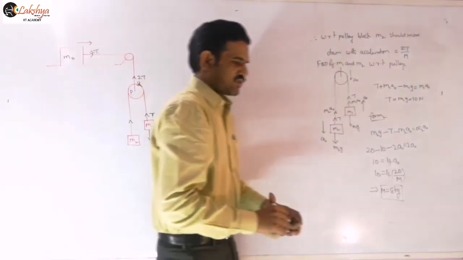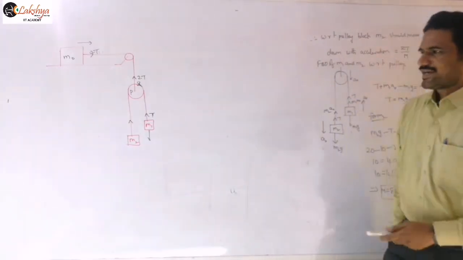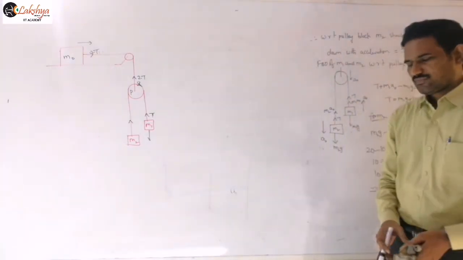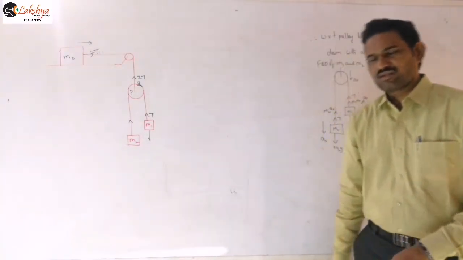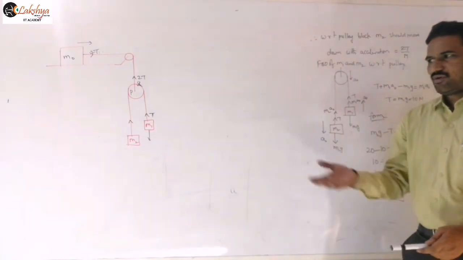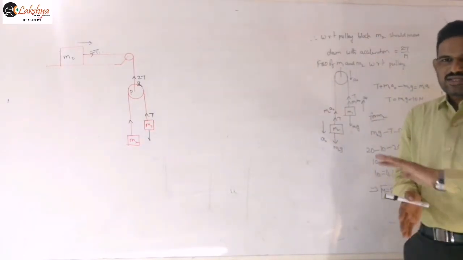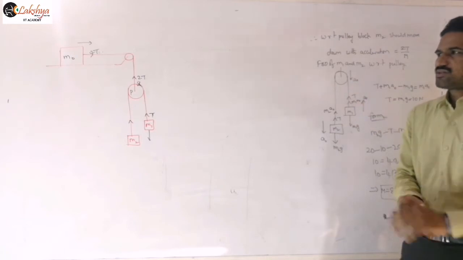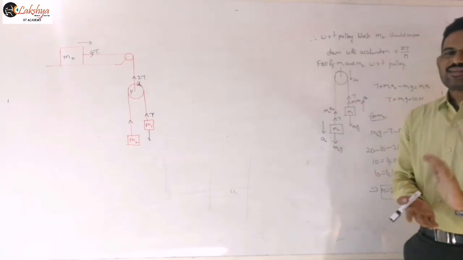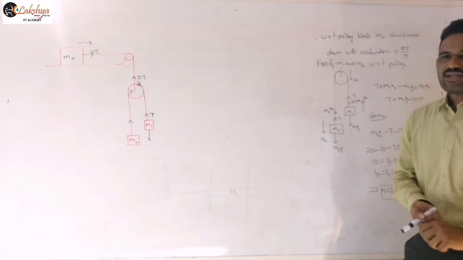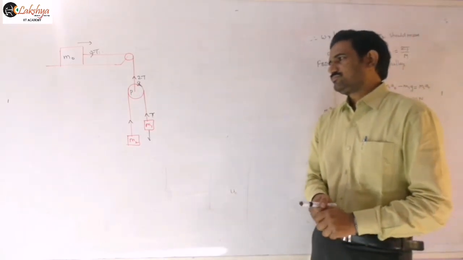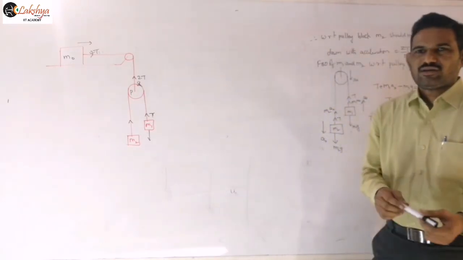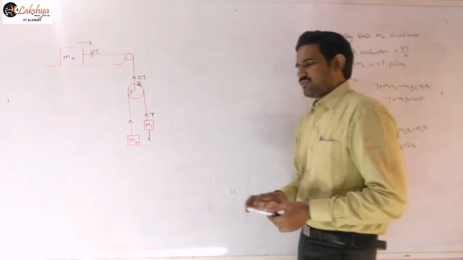For the system shown in figure, find acceleration of m1. That means that condition is not given here. The body is not moving with uniform velocity. Any conditions are not there. Just a system is given to us. We need to find the acceleration. Find the acceleration of m1.